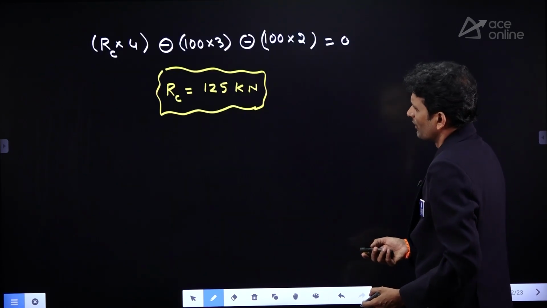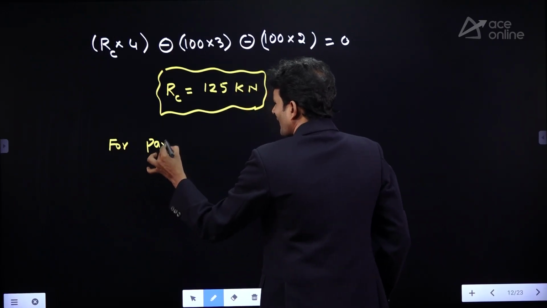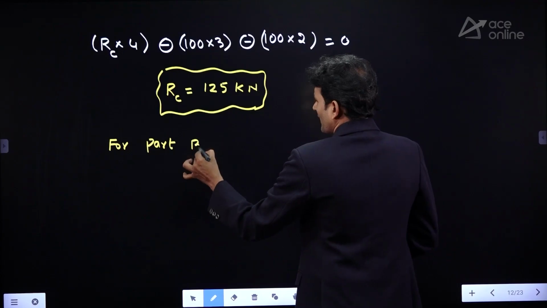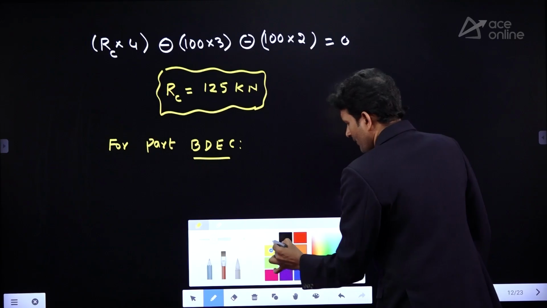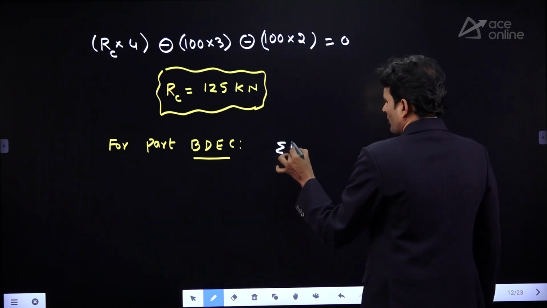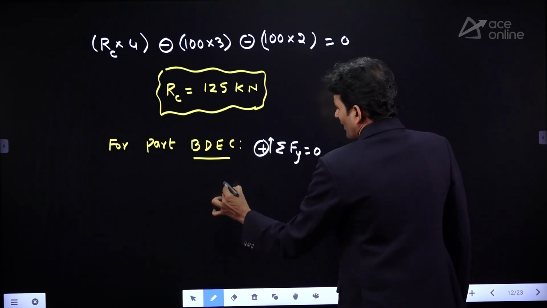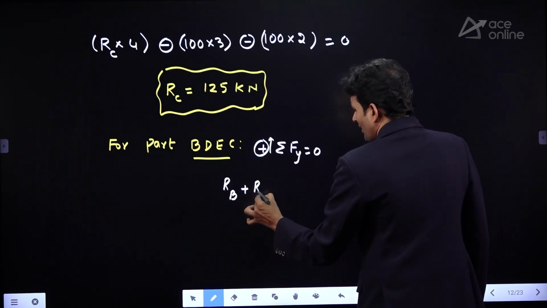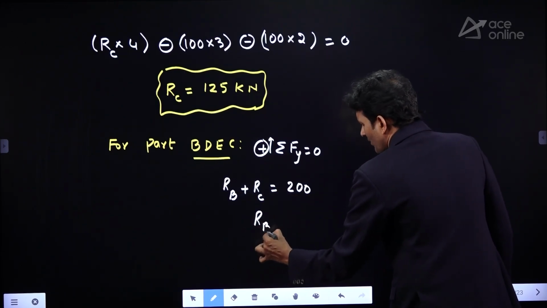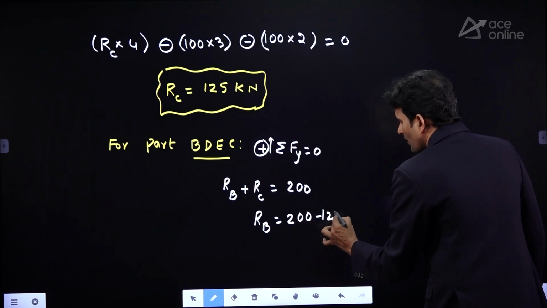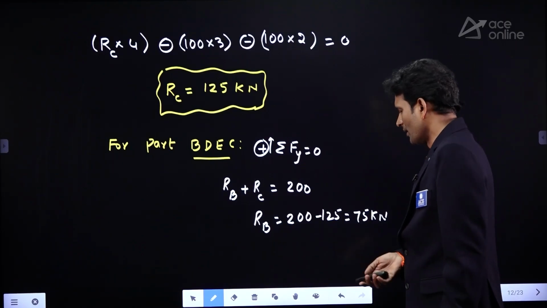You apply the force equilibrium condition for part B, D, E, C. You can balance the forces along the y direction. Upward force I take as positive. Then RB plus RC equal to 200. Already we have the RC value, so RB equals 200 minus 125. This is 75 kilonewtons. Now we have RB.